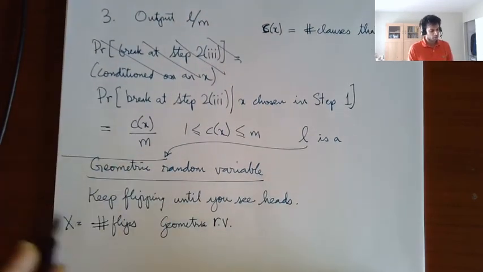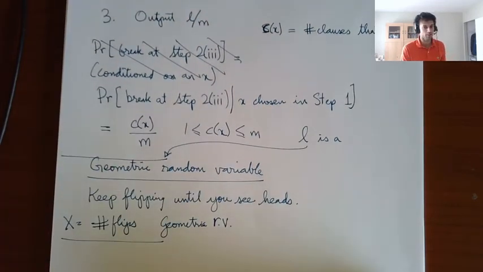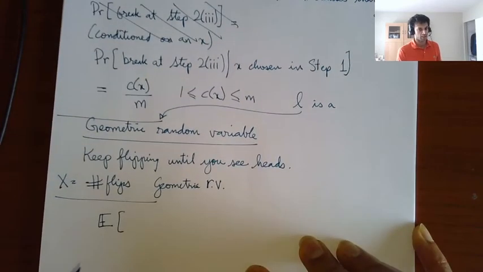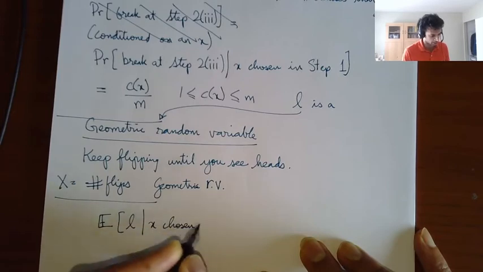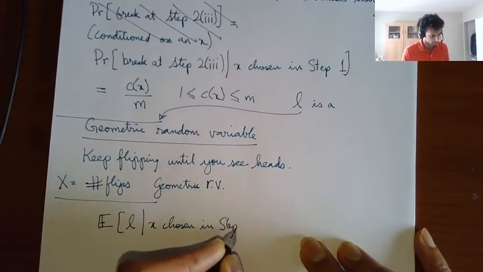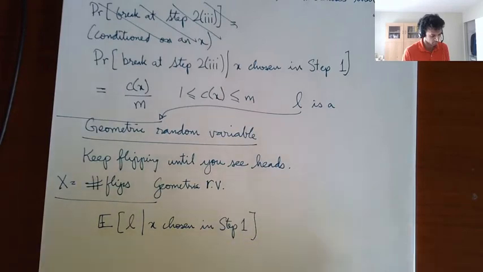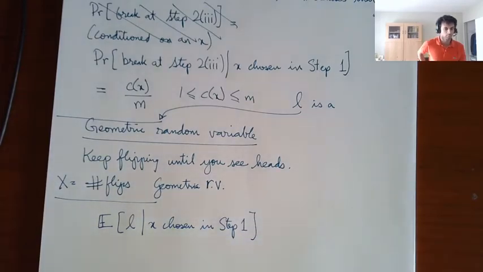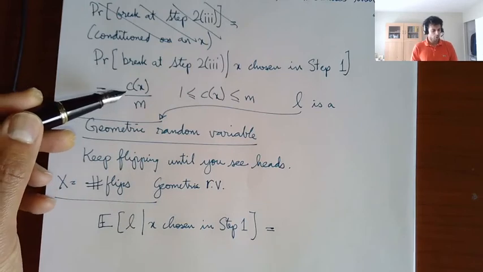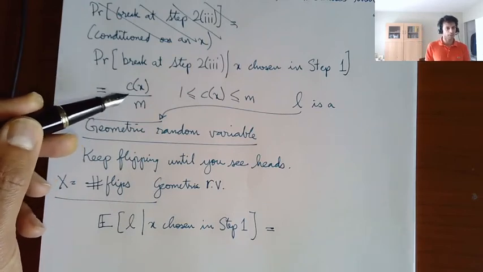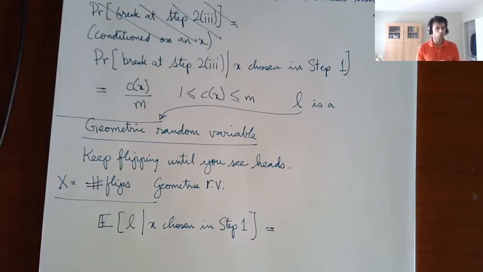So I will come back to the properties of a geometric random variable, but can someone hazard a guess of what is the expected value of L conditioned on X? So you have a coin. The coin has a heads probability of Cx divided by m, and you keep flipping the coin until you get a heads.